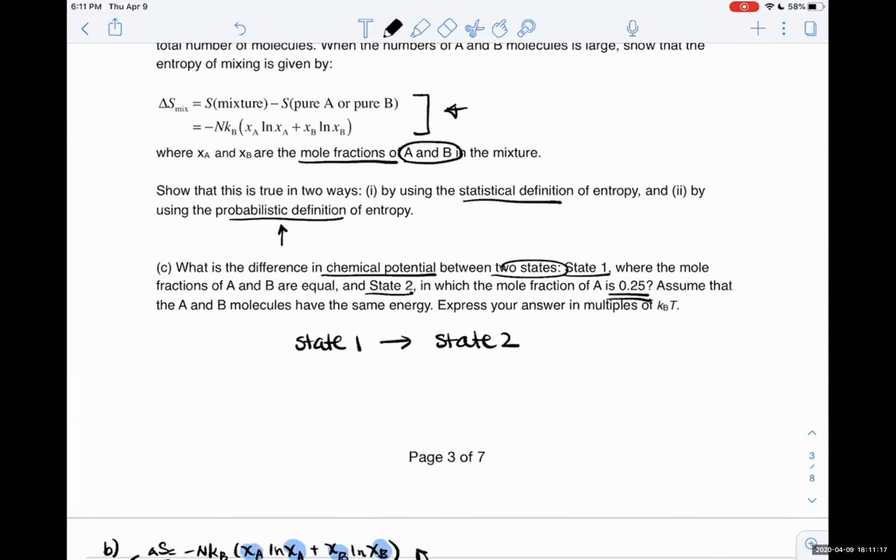Yeah, so for state 2, XA is 0.25, right? Yeah. So because you know the mole fractions of A and B are equal, it must be half because there are no empty boxes, right? And then for A, B has to be 0.25. For the 0.75, my bad. Okay, I was just clarifying. Thank you so much.